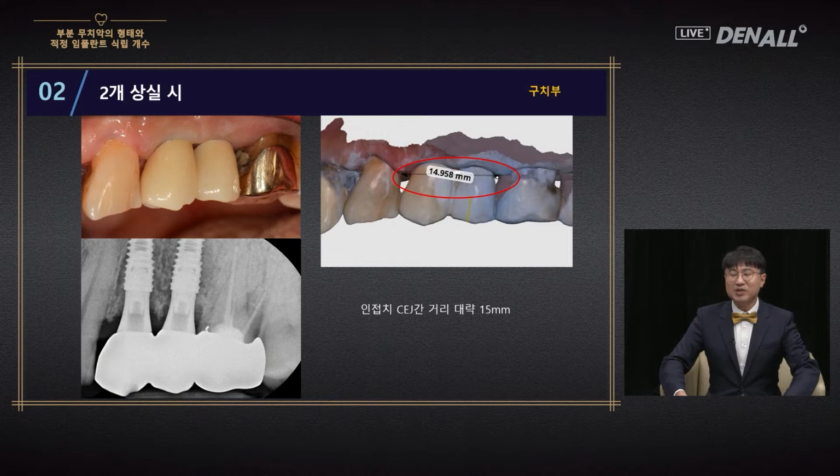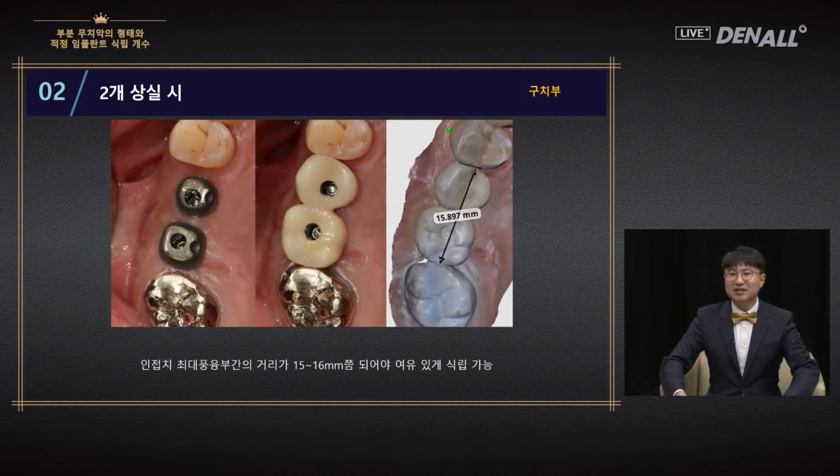For long-term prognosis of the prosthesis, the embrasure needs to be this much at least. If it is approximately 15 to 16 millimeters, you can choose whatever diameter you prefer. You can choose 4.5 diameter as well. Even if you make a small mistake, if it is 15 or 16 millimeters, you can place it with ease of heart.